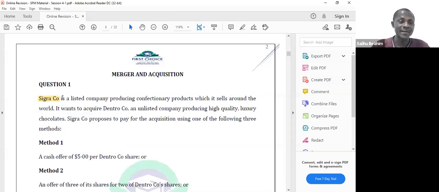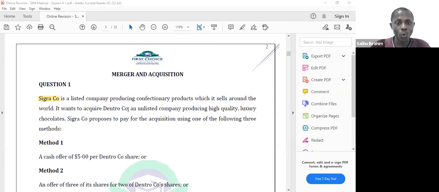Predator is the company that is acquiring the other company. So Sigraco is the predator, or you call Sigraco the acquirer, the company that is acquiring the other.